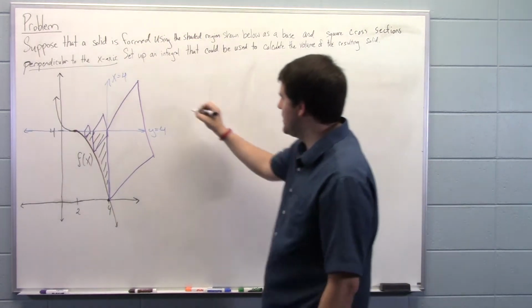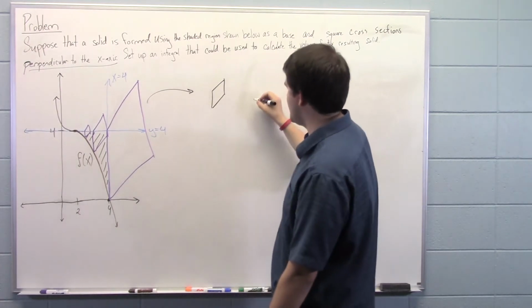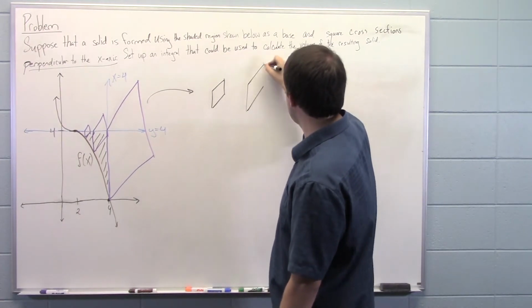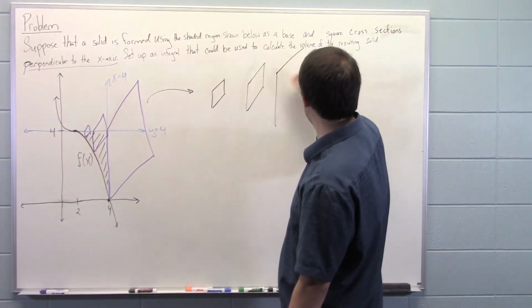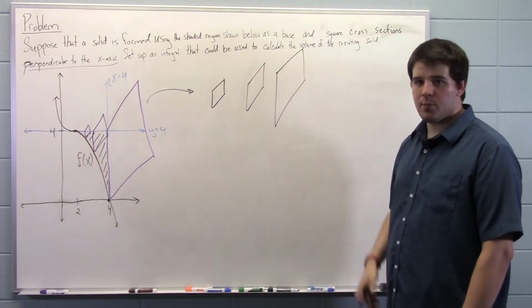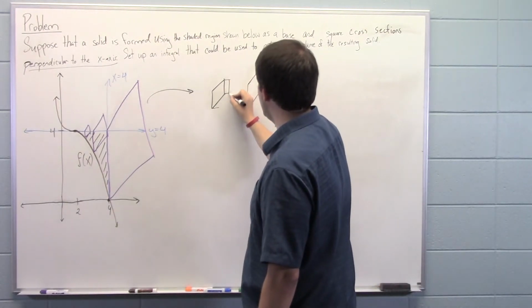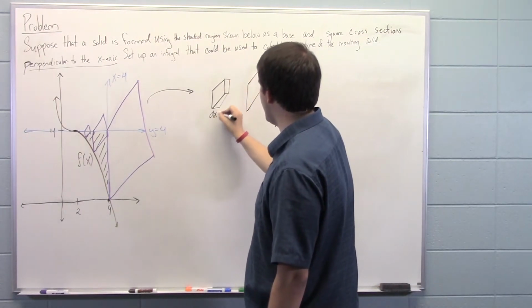So let's sketch our cross-sections that we had very roughly. And now we want to add a third dimension to these. So I'm going to add a little bit of thickness to each of these. I'll call it a dx thickness.